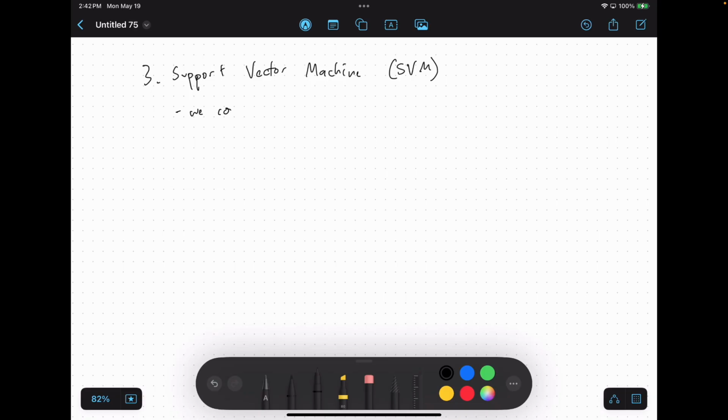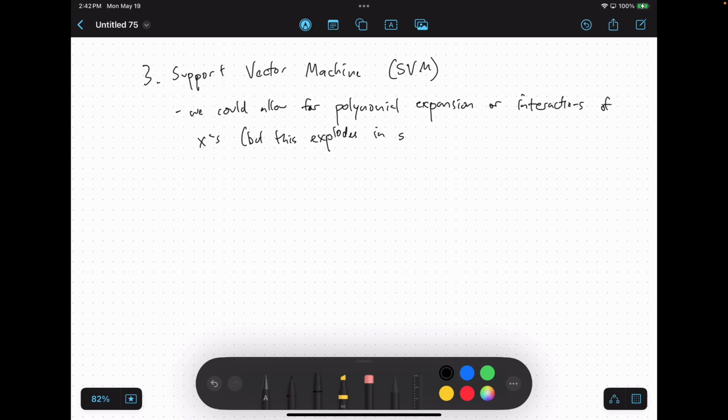So we could allow for polynomial expansion or interactions of x's, but this explodes in size very quickly.